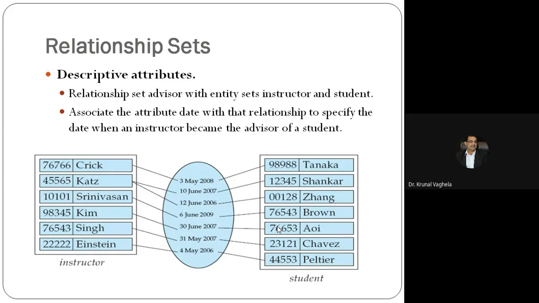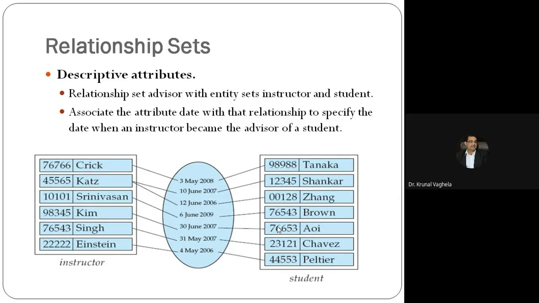Now what we have done, we have associated the date on which the instructor became advisor of the student. For example, Crick became advisor of Tanaka on 3rd of May 2008. Katz became advisor of Shankar on 10th June 2007. Right. So a descriptive attribute is nothing but an attribute of a relationship.